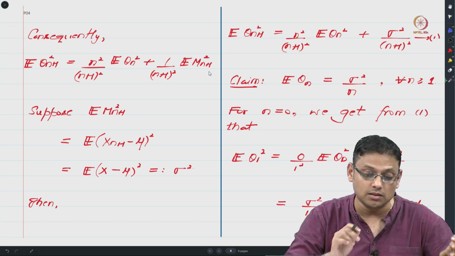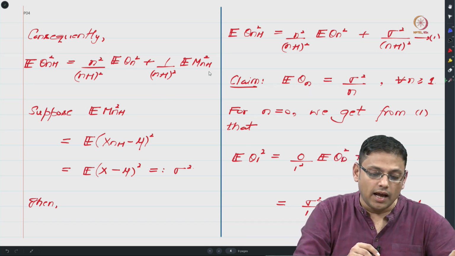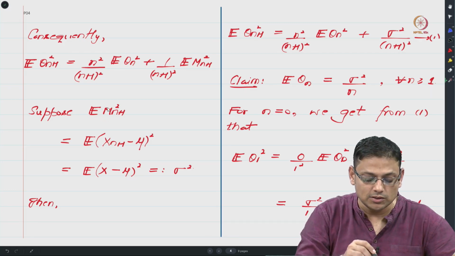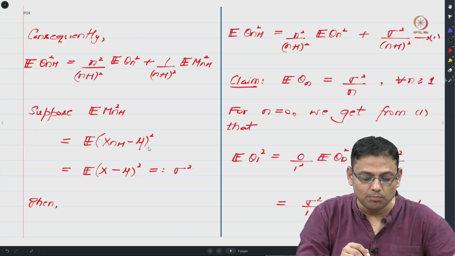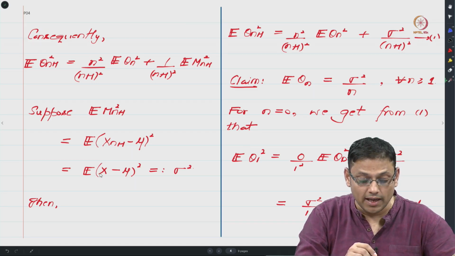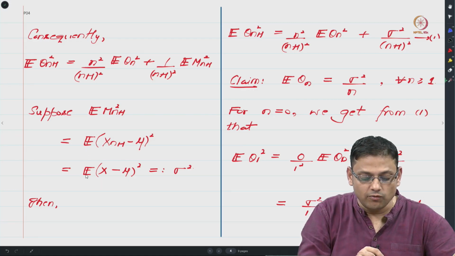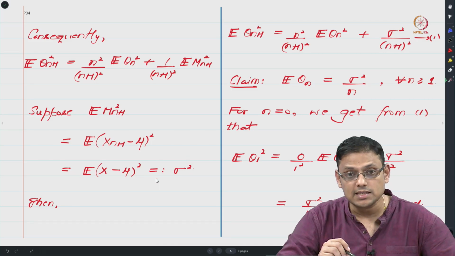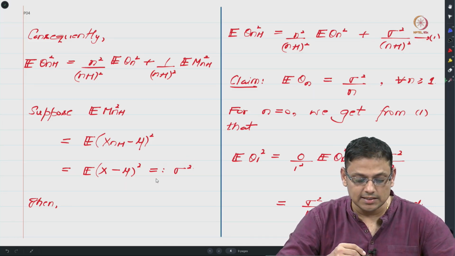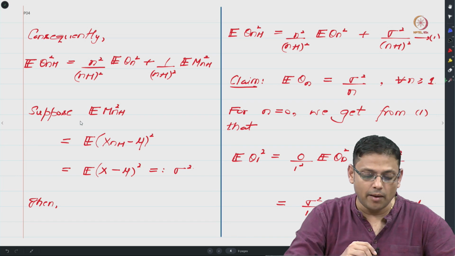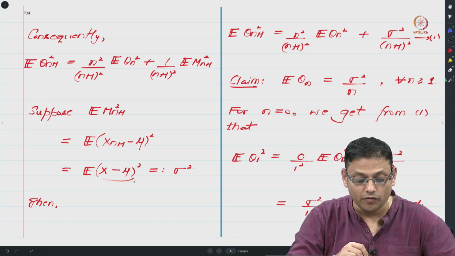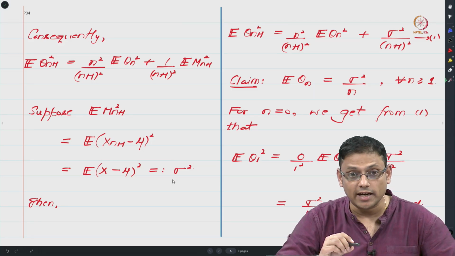So notice that the cross term is no longer there, and for simplicity what we will again do is presume that expected value of mn plus 1 square, which is the expected value of xn plus 1 minus mu the whole square, and since xn plus 1 is identically distributed as x, this equals the expected value of x minus mu the whole square, which is the variance of capital X, and we denote that by sigma square.